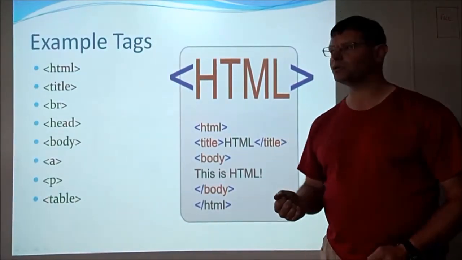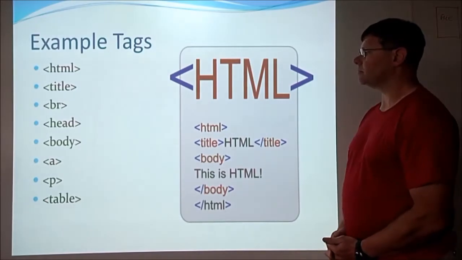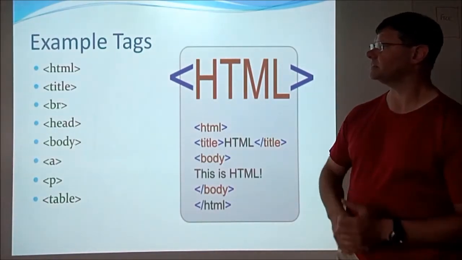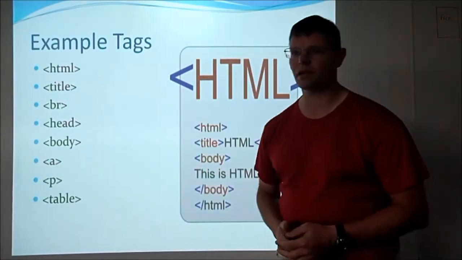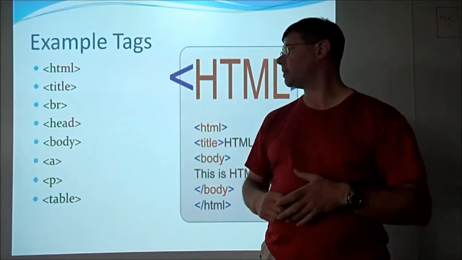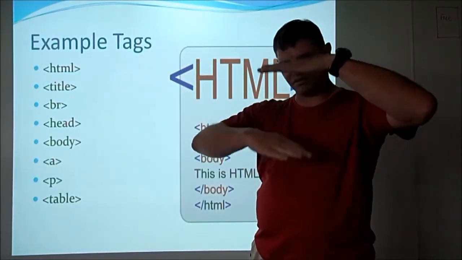Right, by now you will probably have done a bit of HTML already. Just to give you a reminder of a few different tags that you might be using. HTML is the bit that says you're starting a brand new website. Title will be the title at the top of the page. BR is for a line break, so it just misses out a line.